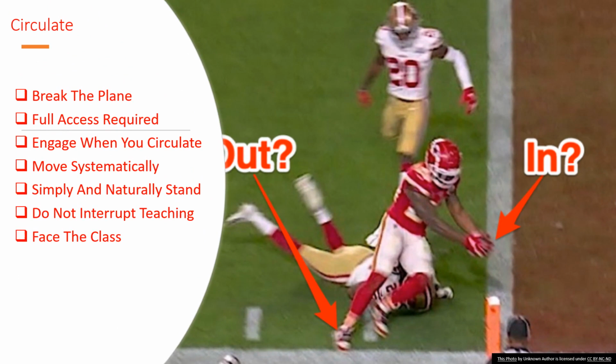First, you want to break the plane, that imaginary line in between the teacher and the students. You need to have full access to each student so that you can move systematically around the classroom, standing next to students as you go. You need to be able to engage students while you circulate, not interrupting your teaching. And mostly you want to face as much of the class as possible while using this technique.